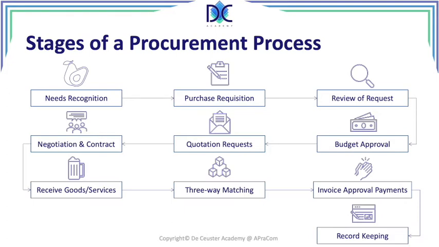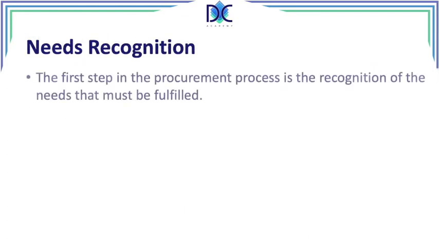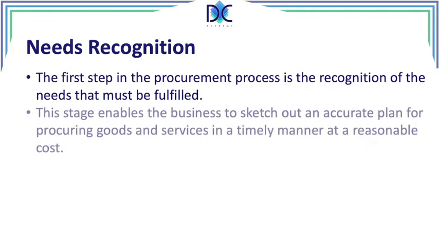Now let's have a look at these different elements a little bit more in detail. First of all, we look at the needs recognition. We have to understand what needs must be fulfilled. We have to create a business plan, or here a sketch, and create an accurate plan for procuring goods and services in a timely manner and at a reasonable price.